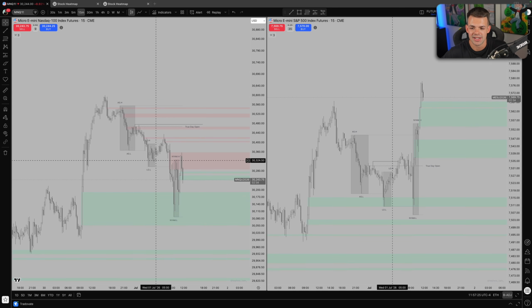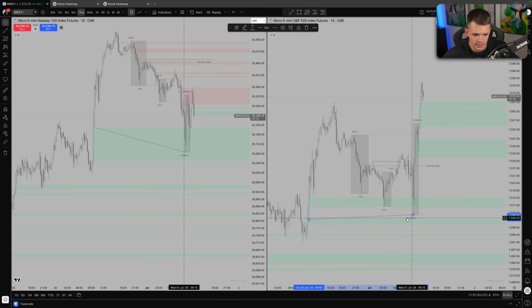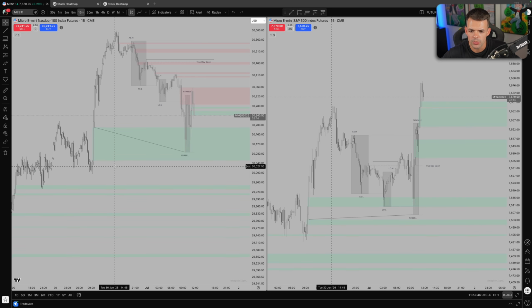Yeah, and we can see this here at the bottom too. Let's compare both candles, like the 9:45 a.m. candle. We can see that we liquidate this candle on the Nasdaq, and we are just respecting this fair value gap here on the S&P 500.